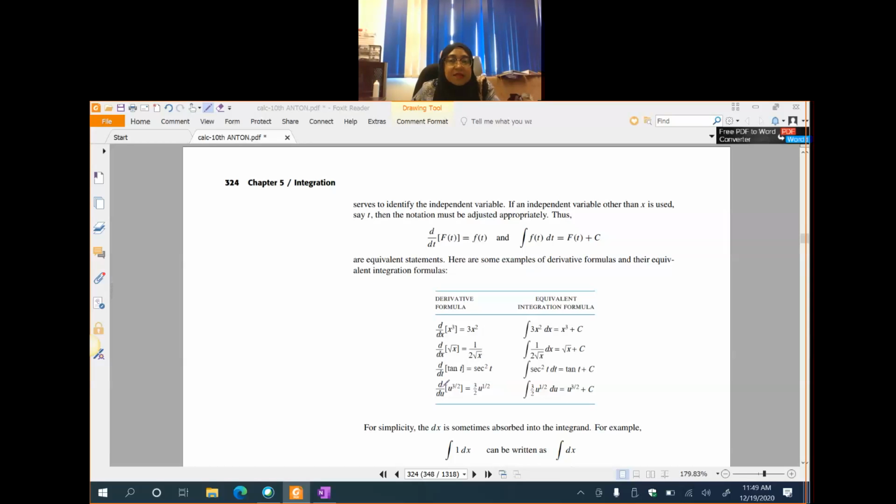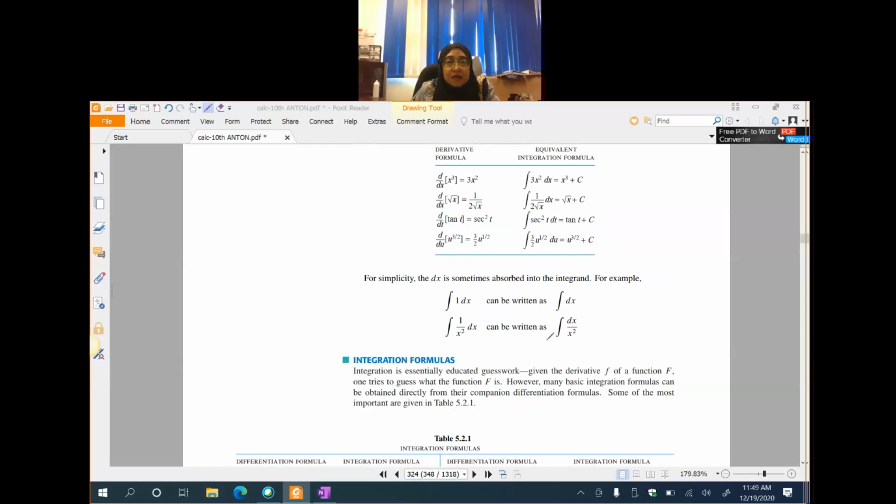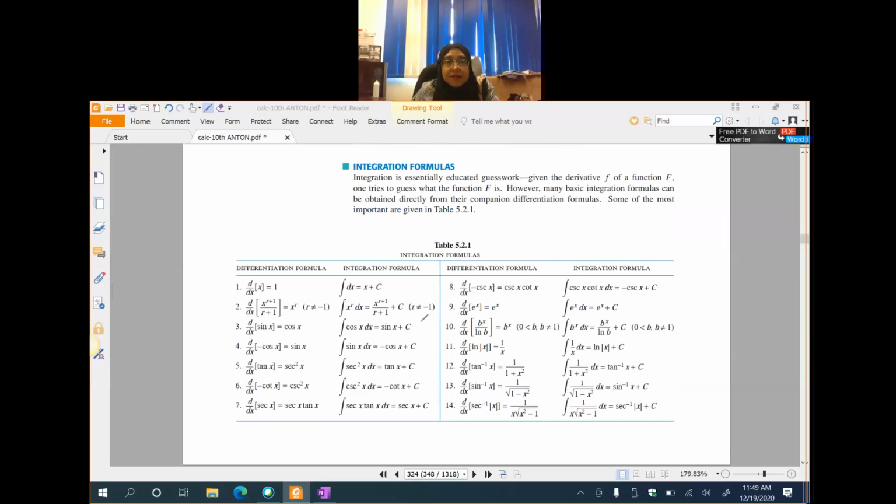For the power rule it is quite obvious, and the table you might want to look at is table 5.2.1. Some of the functions are already familiar, but some of them you might want to study a bit.